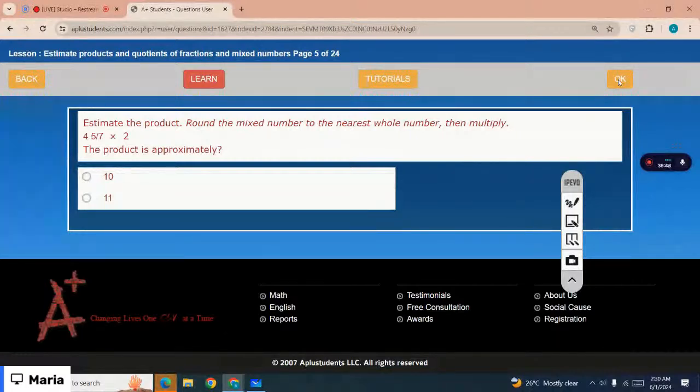The next one is 4 whole 5 over 7 times 2. How do we round off?